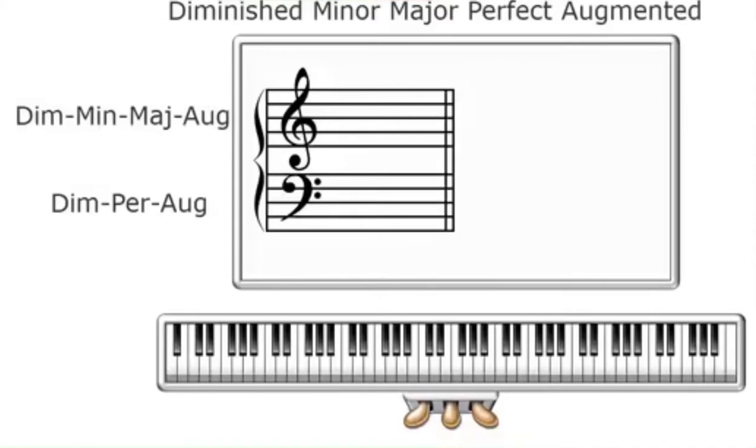Now it can be confusing, I know this, because if you play C to A and then raise that top note by a semitone but spell it as B flat, then that is actually a minor seventh. But if you change the spelling to A sharp, then in theory we call it an augmented sixth. So they sound the same, but there is a theoretical difference.